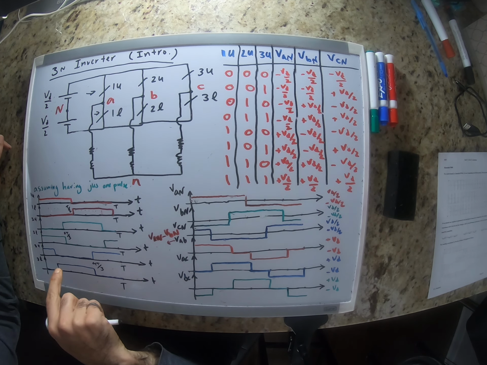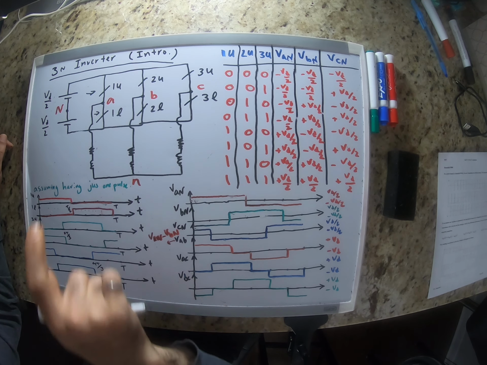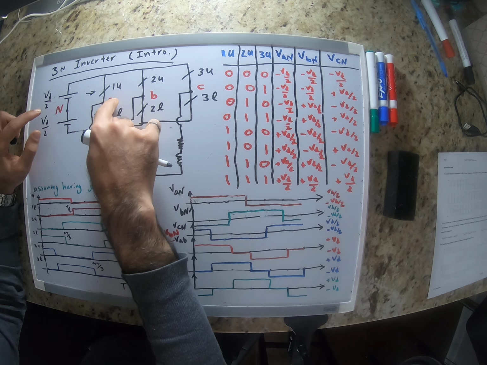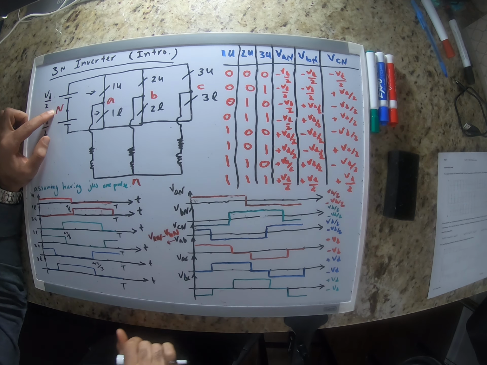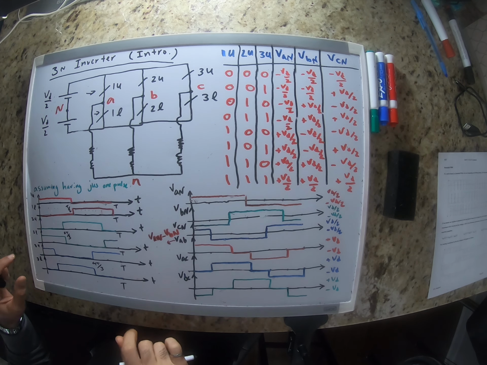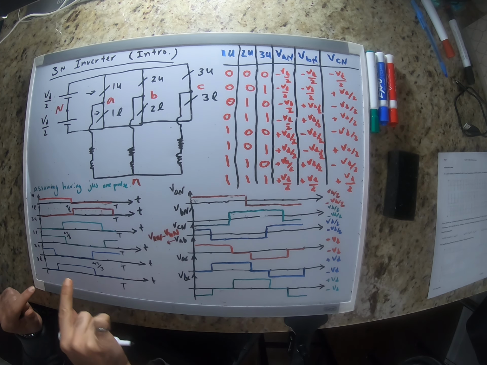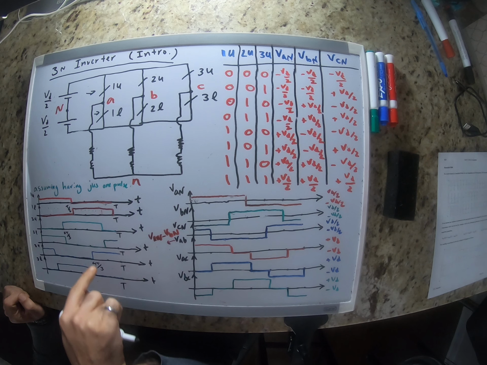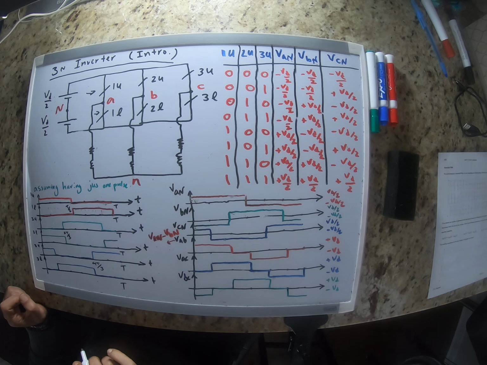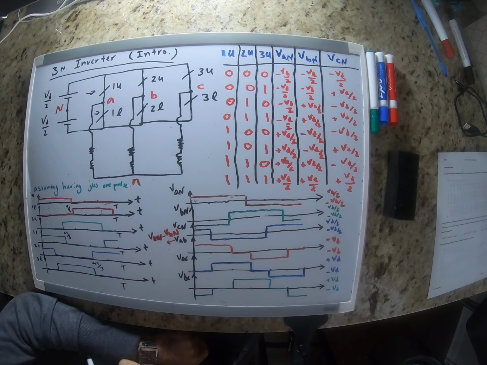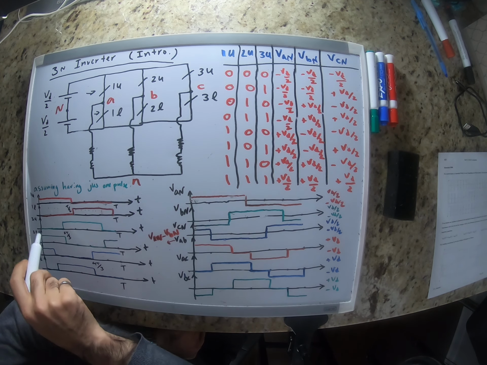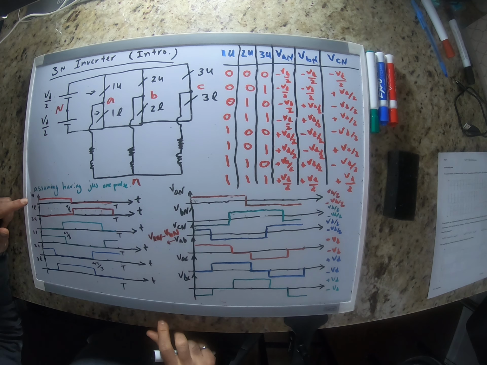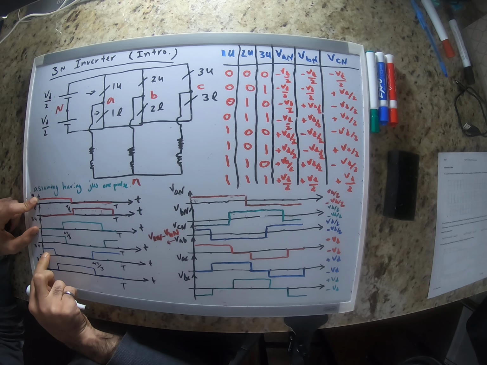If we do that, now let's take a look at phase voltages. I mean like VAN, VBN, and VCN, right? I divided the period into 6 small periods, and you can take a look at the first period here. In the first period, we have 1U on, 2U is off, and 3U is on.